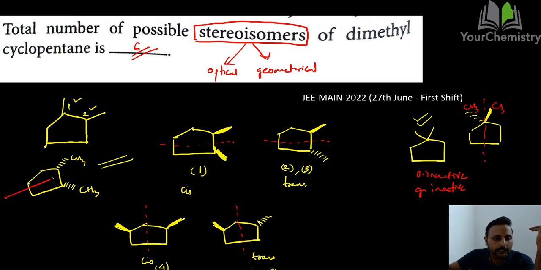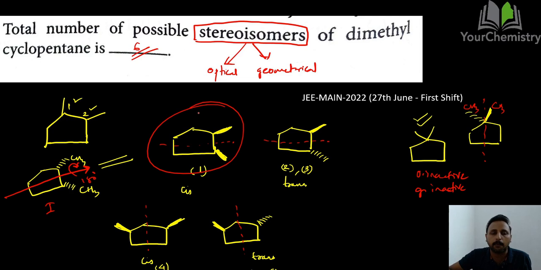You just take an axis like this and rotate it 180 degree, you will get the first compound. So if I simply rotate, will the compound change? No. For example, you take me and you rotate me by 180 degree. Will I be a different person? I will be the same person, right? So like that, if I rotate this particular compound by 180 degree, I will get this compound. That means they are the same.